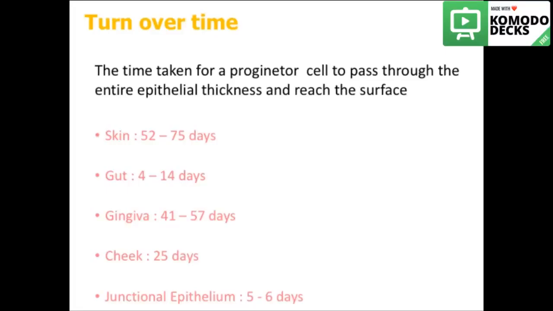Here is a section of para-keratinized or partially keratinized epithelium. The time taken for a progenitor or a stem cell to pass through the entire epithelial thickness and the upper layers and reach the uppermost surface is called the turnover time.